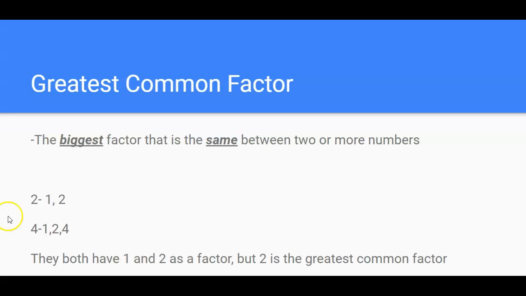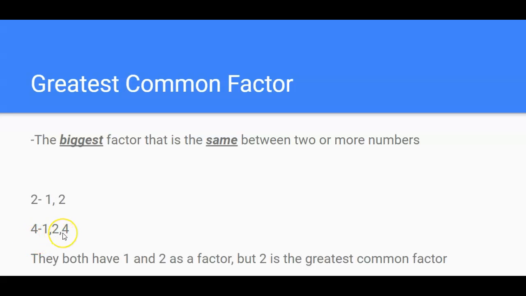So for instance, with the number 2, I multiply 1 times 2 to get 2. So if I say write out your factors, this is what I mean. 1 and 2 are the only factors of 2. Same for the number 4. 1 times 4 and 2 times 2 are factors that make up 4.